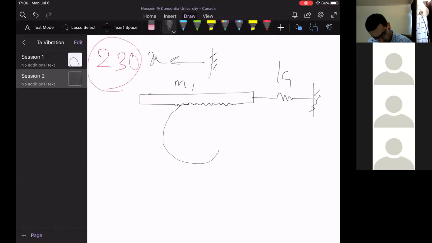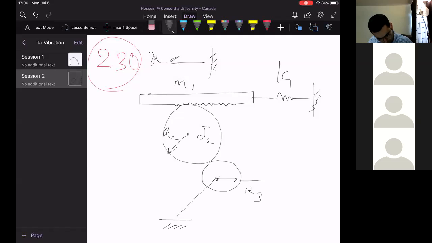There's a disk attached to this mass with radius of R2 and mass moment of inertia J2, which is connected to another disk which has a radius of R3. This disk is attached to a torsional shaft, which is attached to the wall. The torsional stiffness is K3.